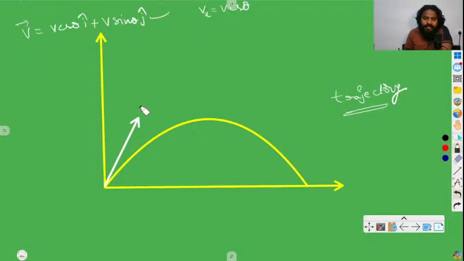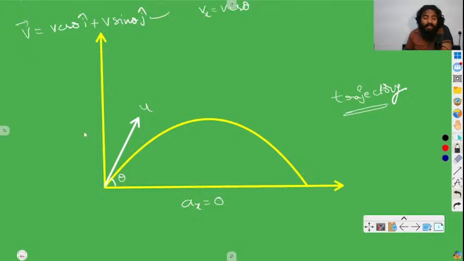And you are making an angle theta with the horizontal, you projected an object, then it traveled this path, you know very well, right? So here if you observe carefully, if you want to study this particle motion, then first of all you should know that along the x-axis there is no acceleration to the projectile, right?